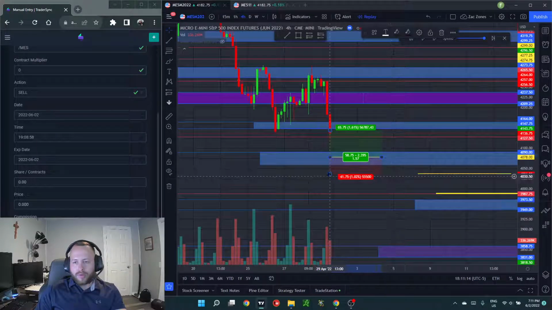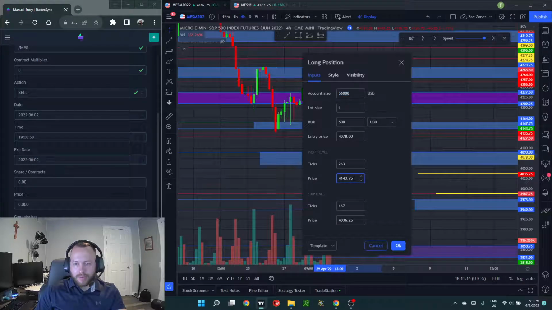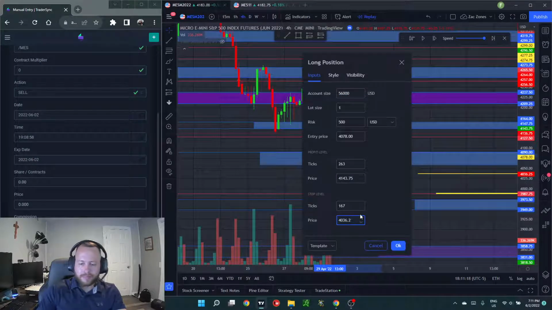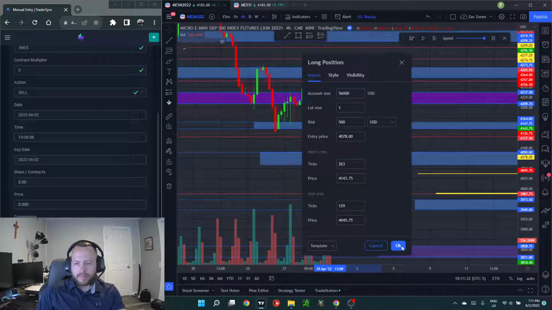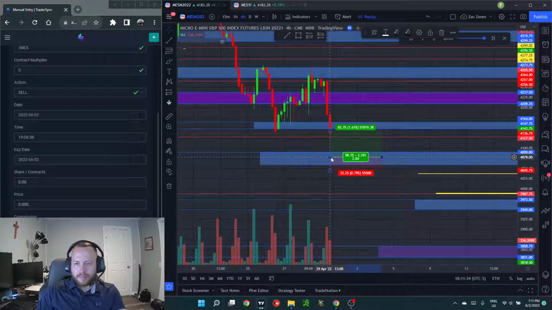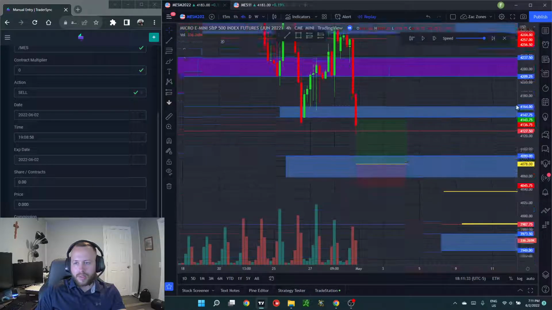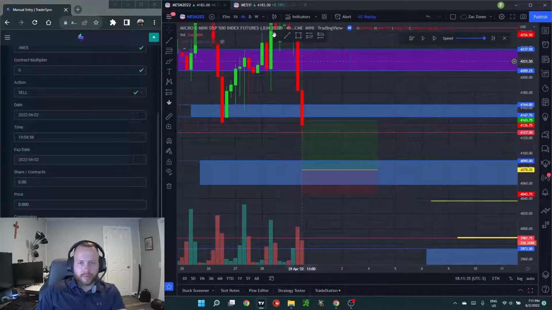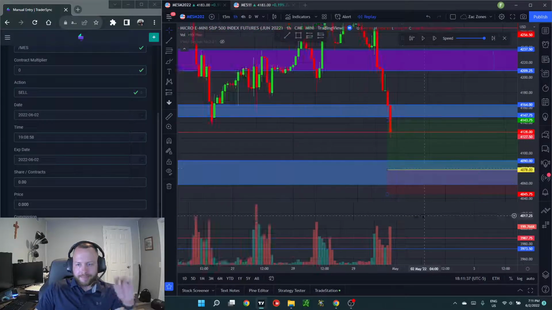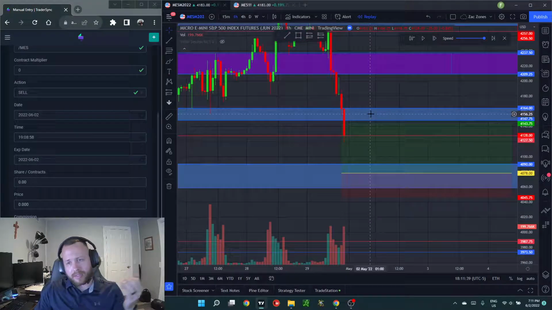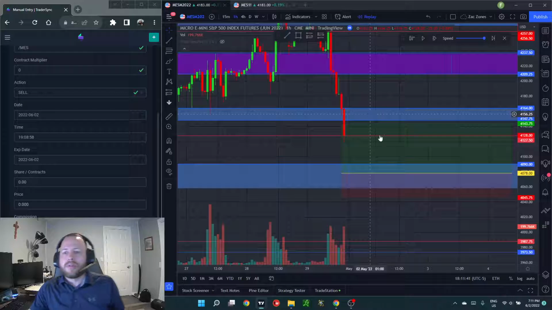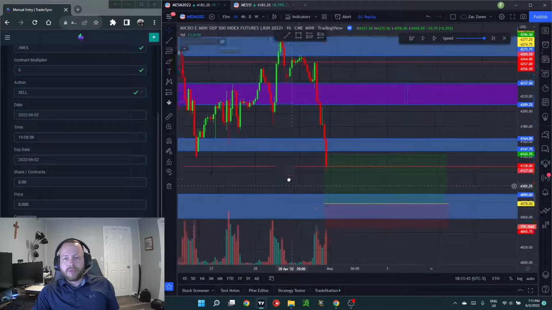So 404.575 is going to be my stop. And I would basically have to treat that as a type 1. I would have an alert set and see what it looks like when we come down into there. Or of course we get the retest, like optimally we'll get the retest of this zone and then just be able to short things.